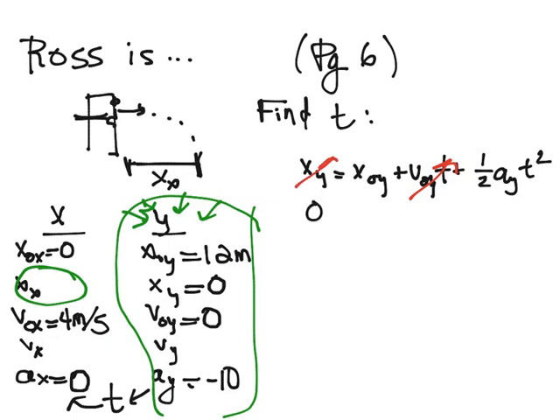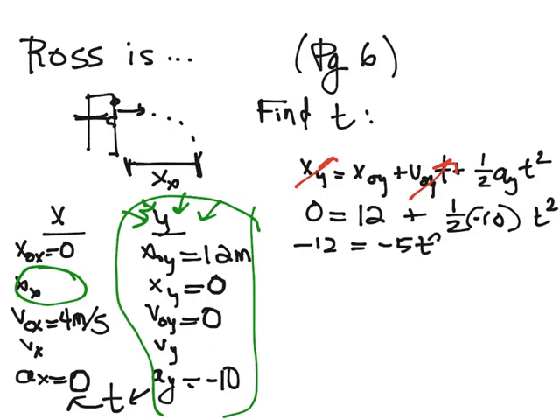So I end up with 0 is equal to 12 plus 1/2 negative 10 t squared. So I have negative 12 equals negative 5 t squared, and t squared is equal to 12 over 5. I'm just simplifying the algebra. If you need to slow it down, work through these steps yourself.